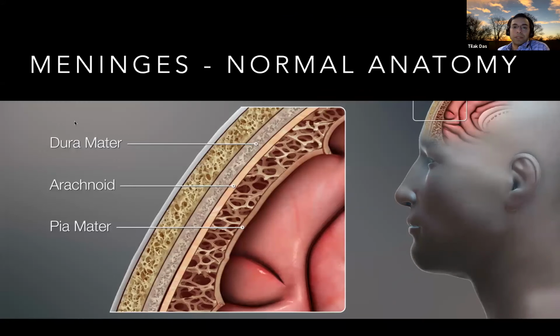So we're all very familiar with dural or meningeal anatomy. We've seen diagrams like this over and over again, probably, but it's a good reminder that the brain is essentially suspended in CSF by these membranes.